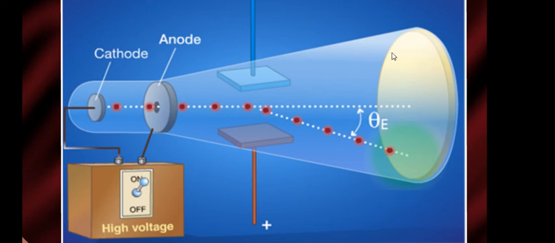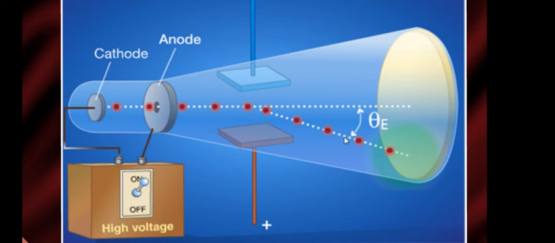Normally, they would wind up at this phosphorescent screen over here and create a little dot where it hits the screen. However, what Thomson was able to do was create a positive and negative. He passed the beam through an electric field with a negative side here and a positive side here, and the particles that are now known as electrons would deflect towards the positive side of the plate.